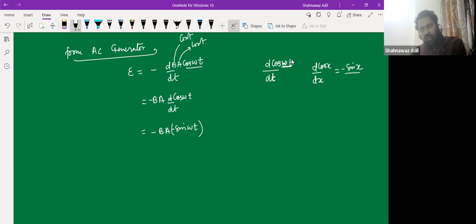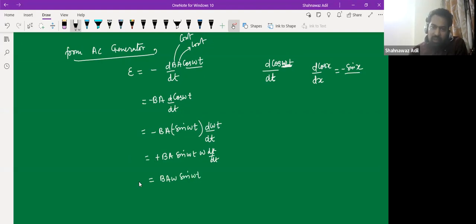Then we have to use the chain rule, which means that we have to take the differentiation of omega t. Omega is again constant, so we get sine omega t, and this derivative is 1. So then we will get BA omega sine omega t.